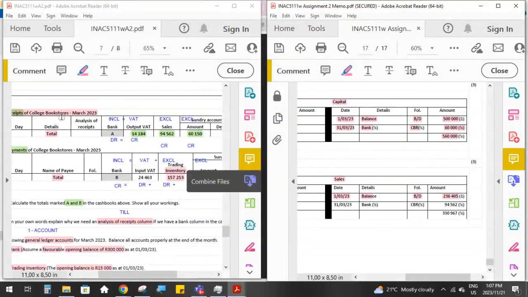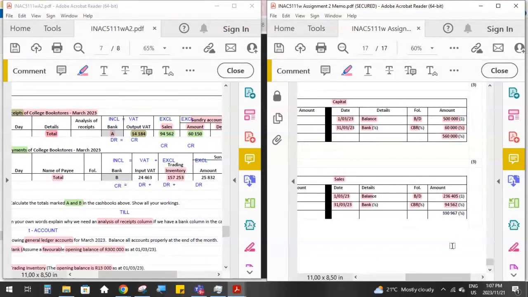That was given to us. And then in my cash book receipts, I've got my sales column, 94,562. That was my total sales for the month. On the 31st of the month, debit bank, because my bank increased with that amount of sales, credit my sales account.